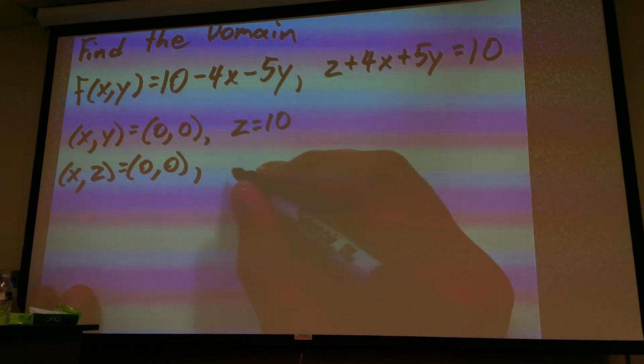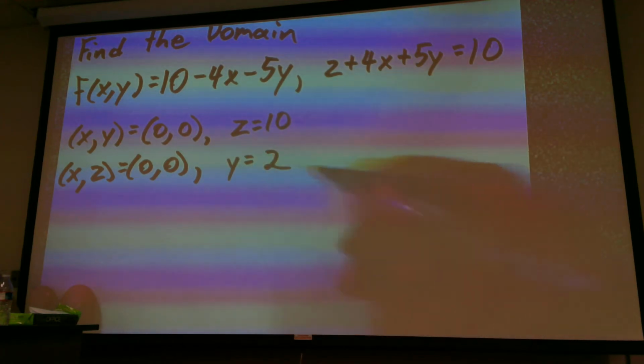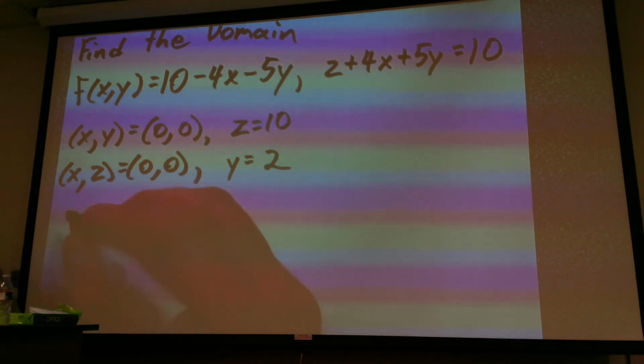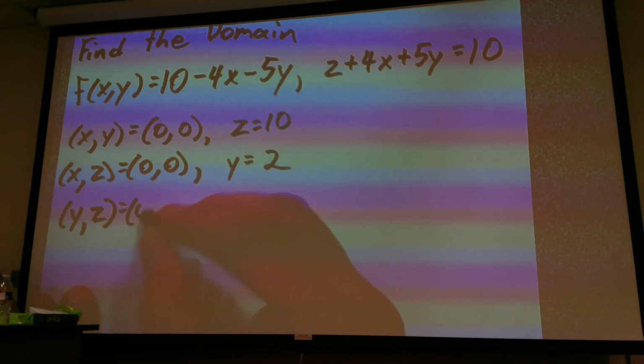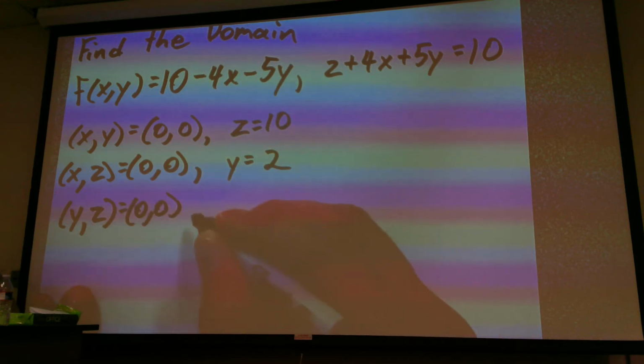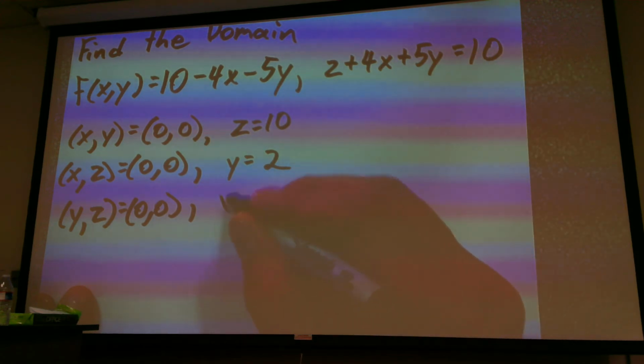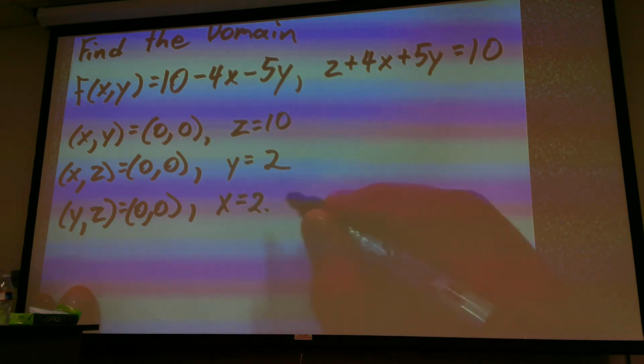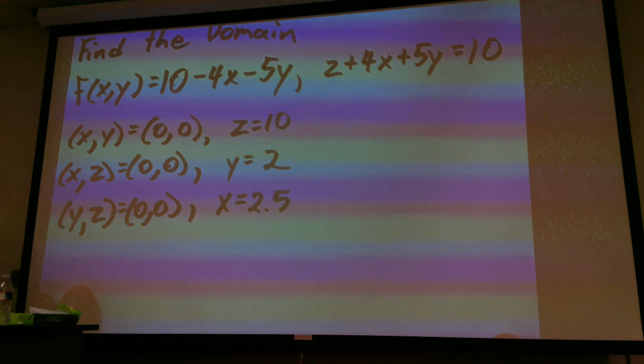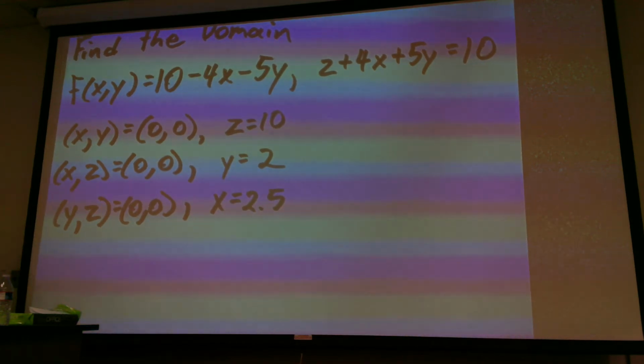I'm going to get that y equals 2. And then I can say, well, what if I plug in y comma z equal to 0 comma 0? So that's 0, that's 0. And so what would I end up with? I would end up with x equal to 10 divided by 4, which is 2.5. Okay? So now I'm going to try to plot this thing.